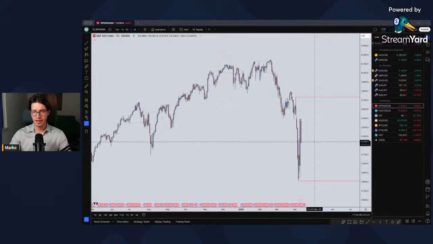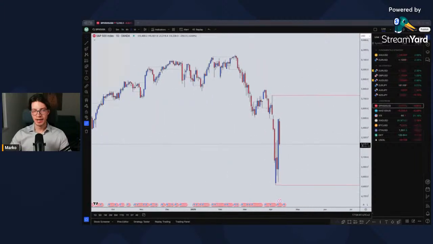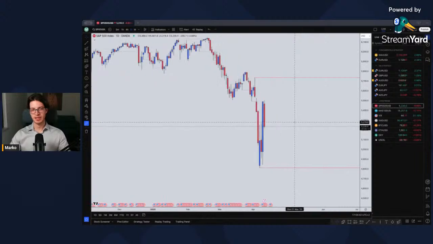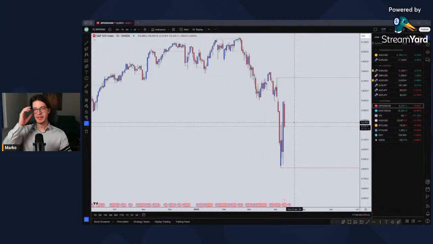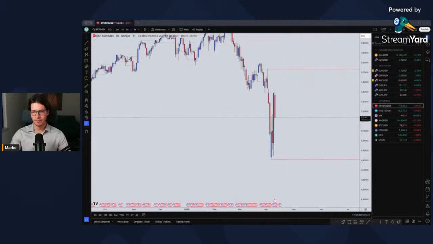Now, does that mean you should buy an absolutely massive position? Like if you have, I don't know, 10,000 euros, does that mean you should buy 10,000 euros worth of S&P today? No, spread it out. So let's say chop it up into 4 parts. You could get 2,500 today, and then if it goes lower, get more.